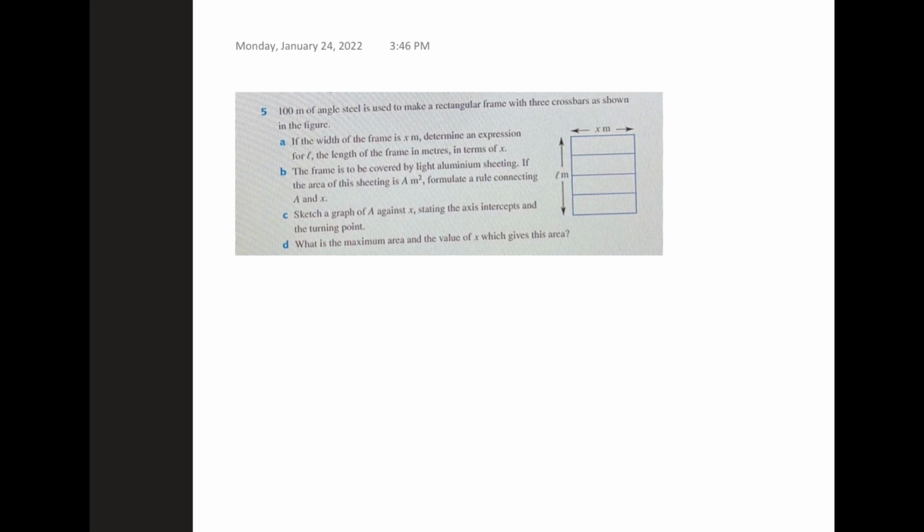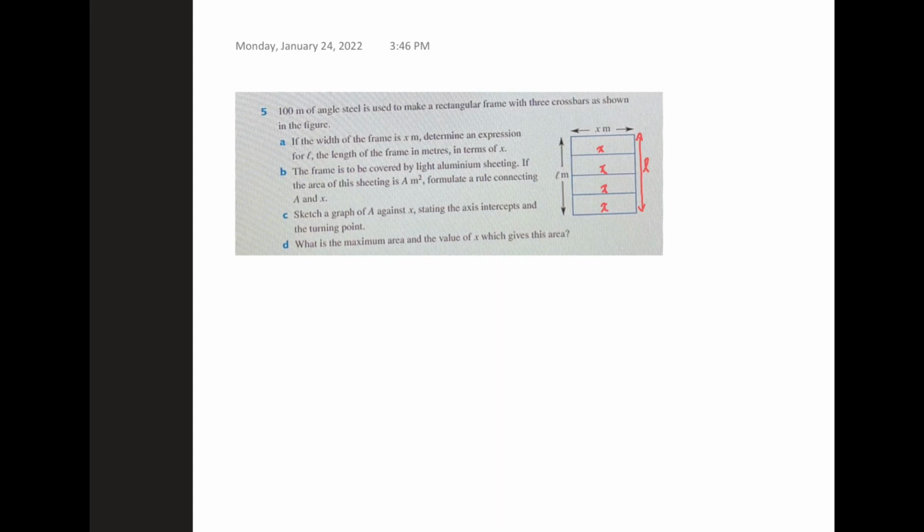So we have 100 meter of angle steel. Okay, so which is going to make this and this. Okay, so we want to make this frame. Okay, so now let's look at it in this way. We have L here. Okay. We have x, x, x, and x.